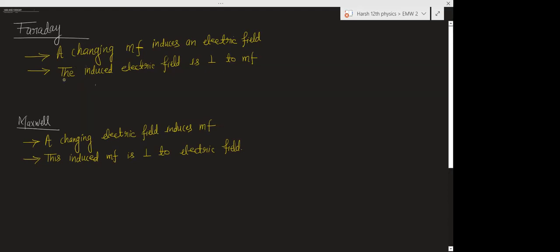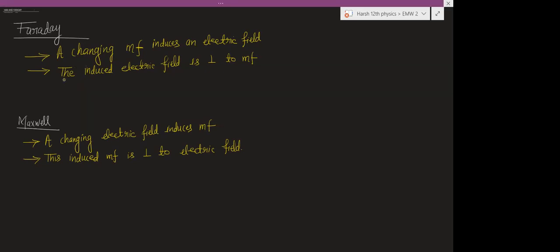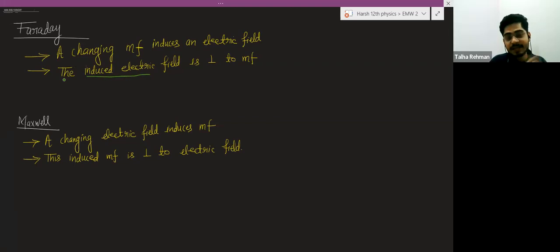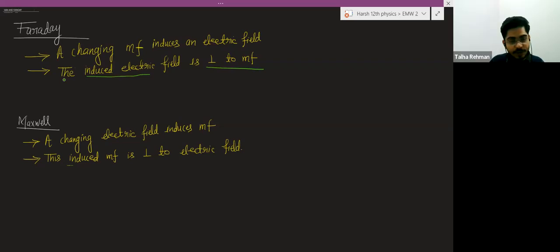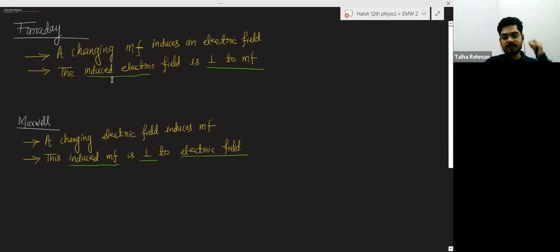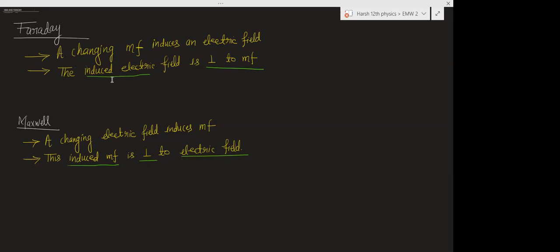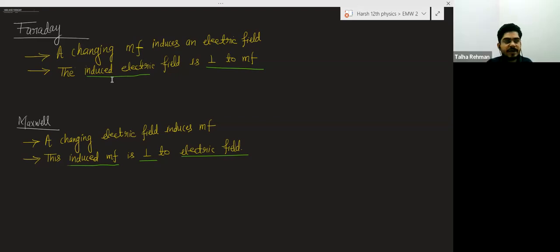This statement is very important: the induced electric field by the magnetic field is perpendicular to the magnetic field, and the induced magnetic field by the electric field is perpendicular to the electric field. Just copy this fast. Then we will discuss the source of the electromagnetic wave.